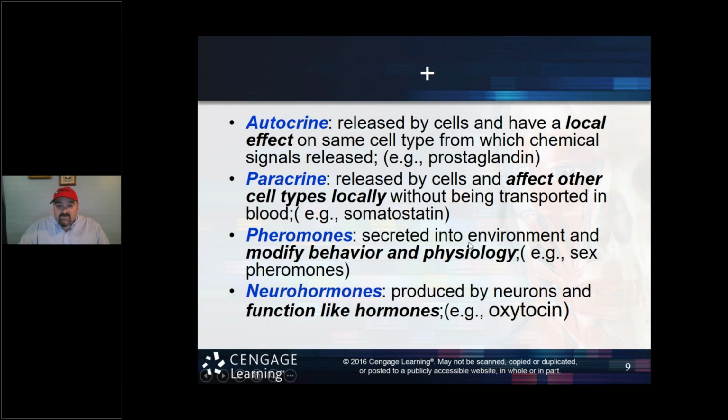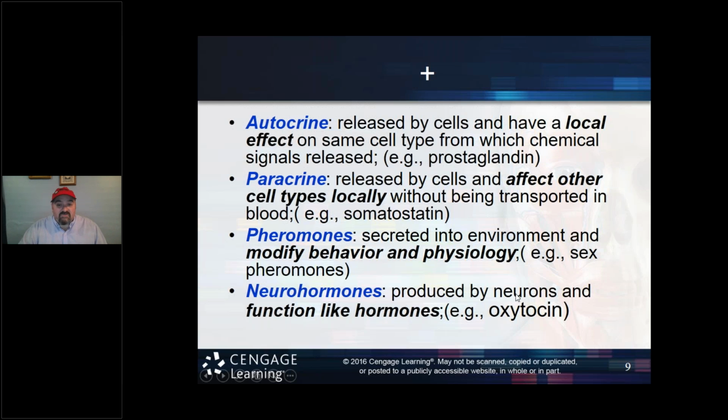We've heard of this before, secreted into the environment, modifying behavior and physiology, released into the air. In particular, you're thinking of sex pheromones for animals, which can affect the opposite sex of the species, male or female, and cause actions to take place and occur.